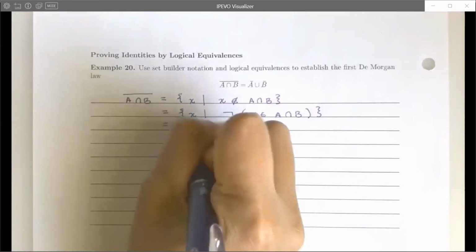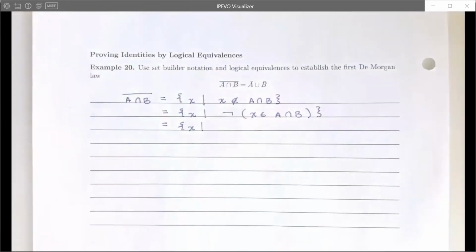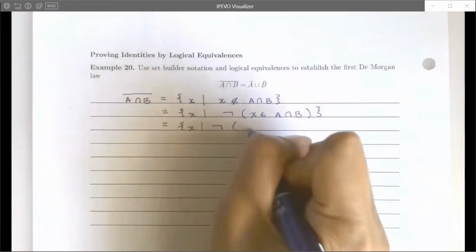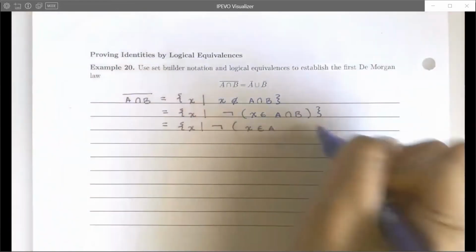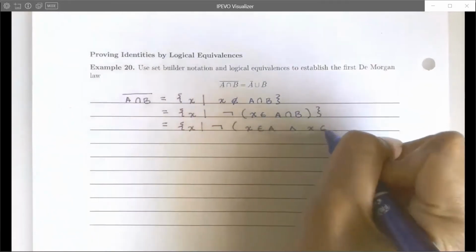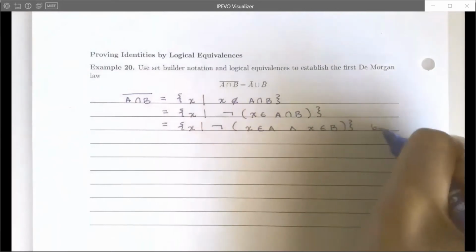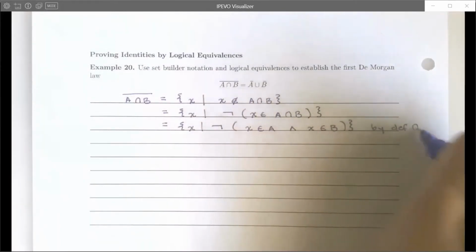And then what we can say, well, that is the same as having the expression negation of x is in A and x is in B. This is by definition of the intersection.